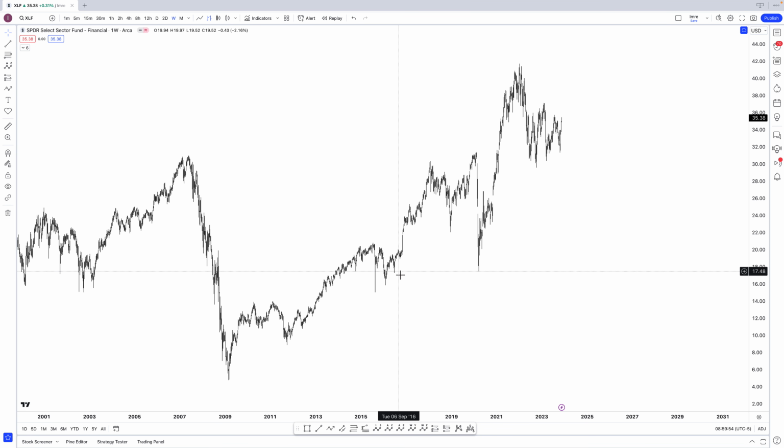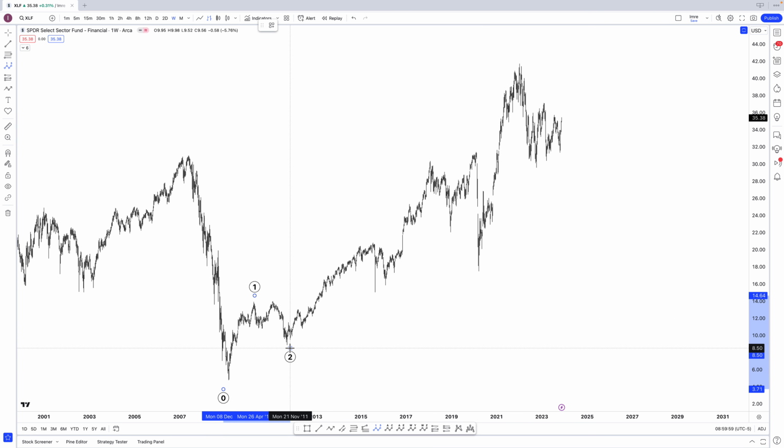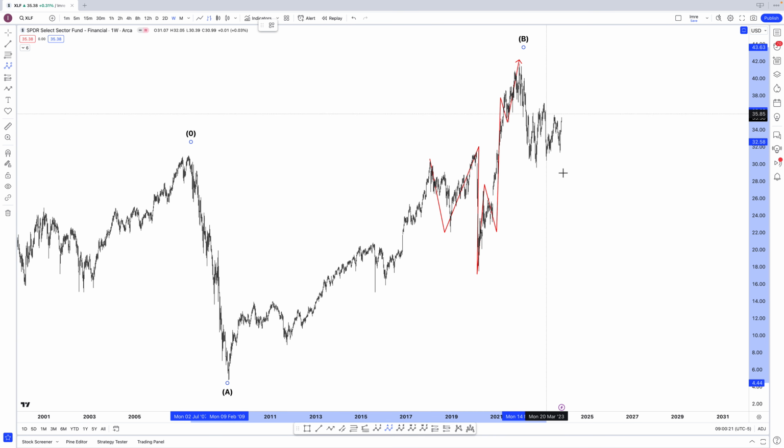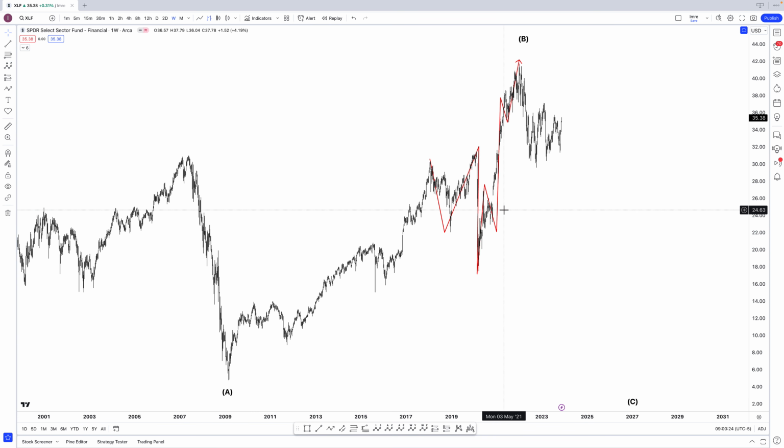So if we wanted to count this, there's a number of ways we could count it. I could say, well, 1, 2, maybe 3, 4, and 5, and then we have an expanded flat here, A, B, and C, maybe as a wave 2, maybe as a wave B, and maybe 1, 2, 3, 4, and 5, and maybe that's wave C. And all together, that would mean that I have an A, B, and I'm looking for a massive collapse in our financial system, the American financial system, that's going to see wave C take us to new lows in XLF.